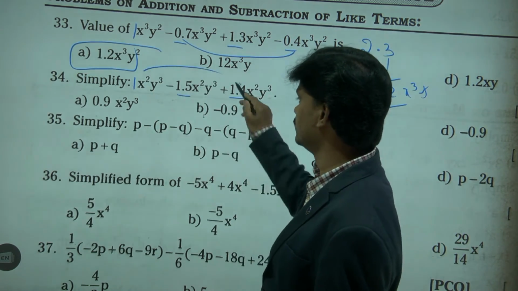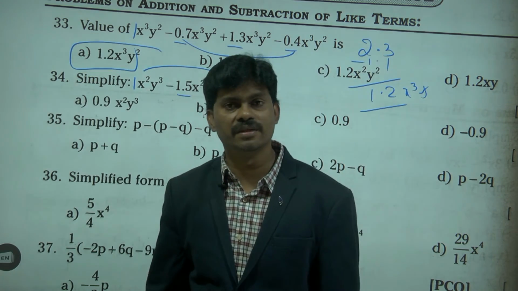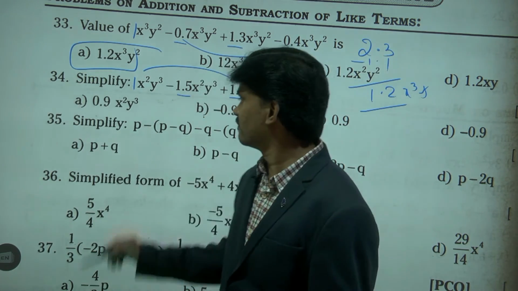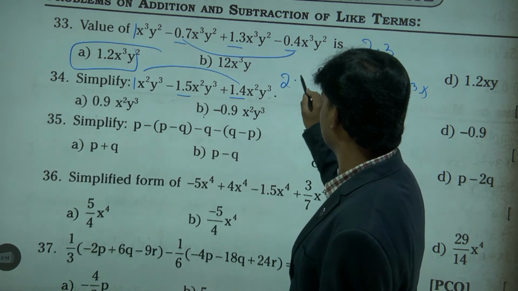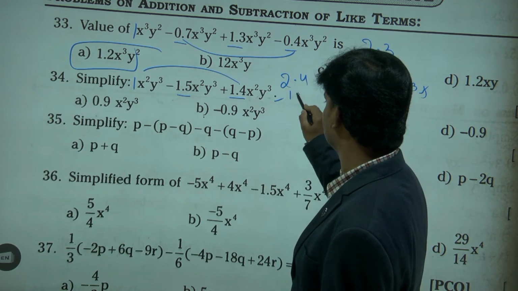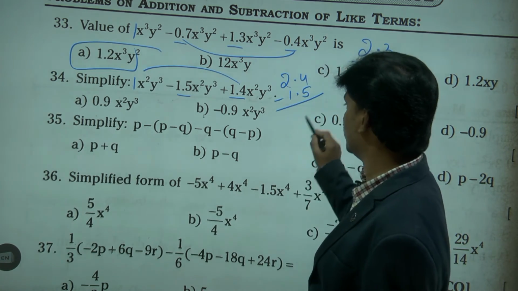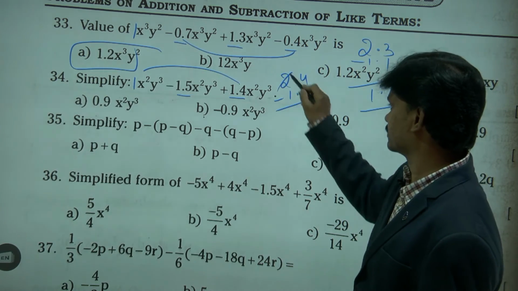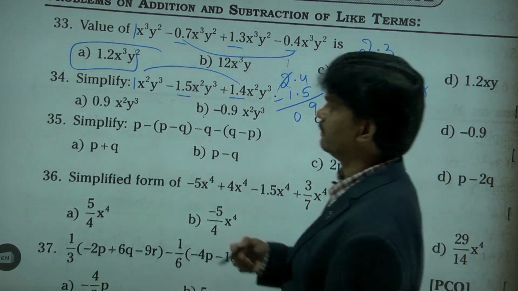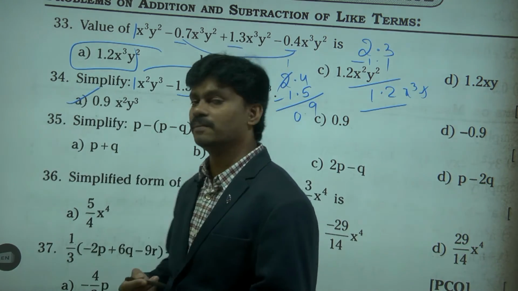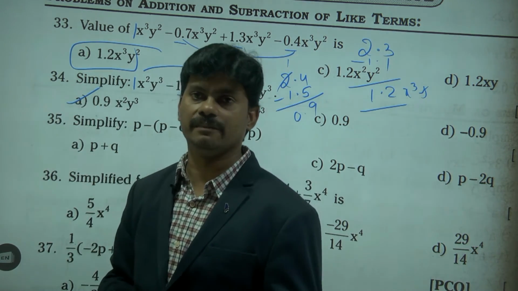These are positive. 1 plus 1.4 how much? 2.4. 2.4 minus 1.5, 24 minus 15 is 9. So 0.9 x power 2 y power 3.